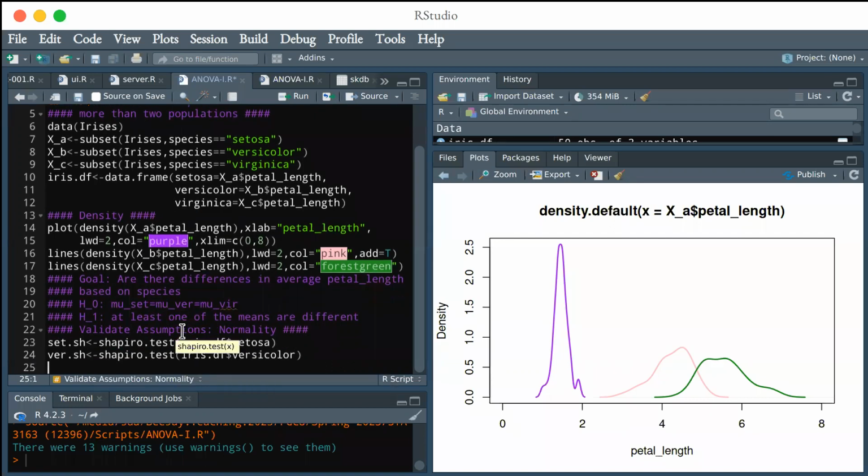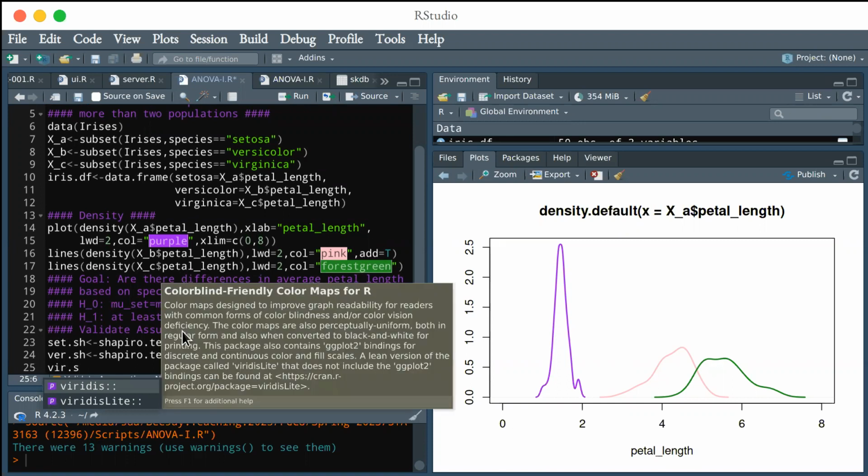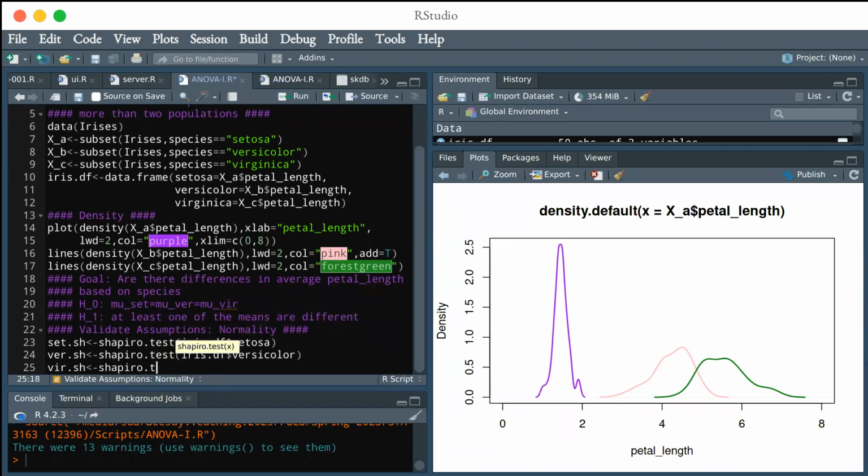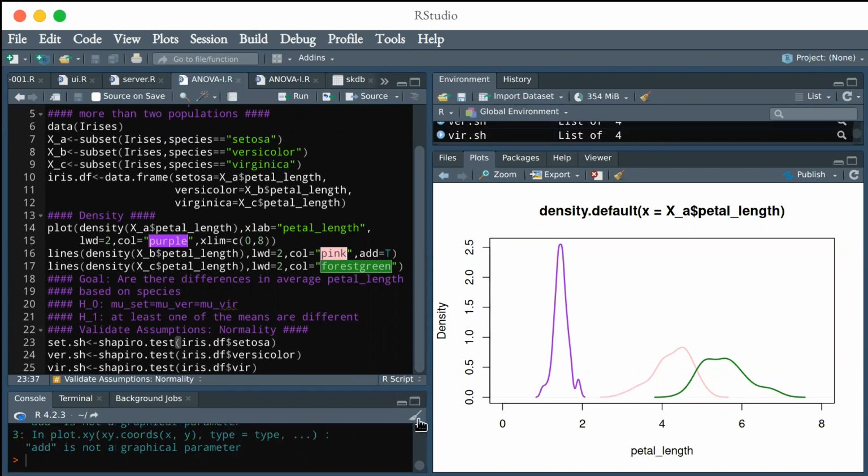And the last one is for virginica. Let's go ahead and run, see what happens.